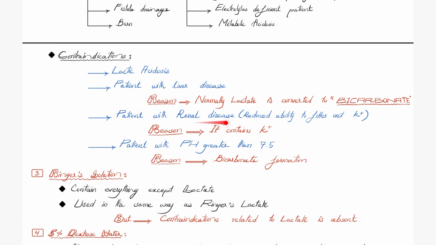A patient with renal disease has reduced ability to filter out potassium, and Ringer's lactate has potassium in it, so there will be high risk of hyperkalemia. Or a patient with pH greater than 7.5, like metabolic alkalosis. Why? Because lactate is converted into bicarbonate, it worsens the alkalosis.